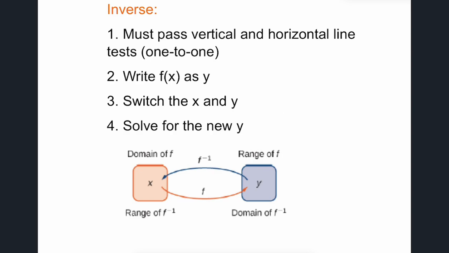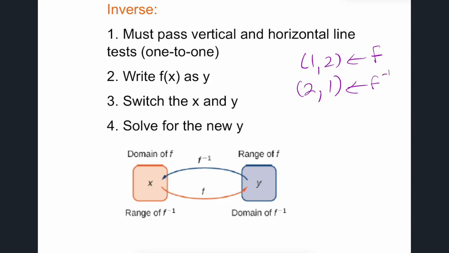So they're going to be switching things around because the x became the y and the y became an x. Example, if the point (1, 2) is a point in our function, then the inverse is going to have the point (2, 1) in it.